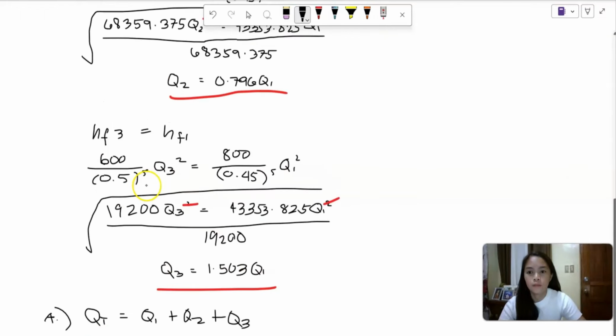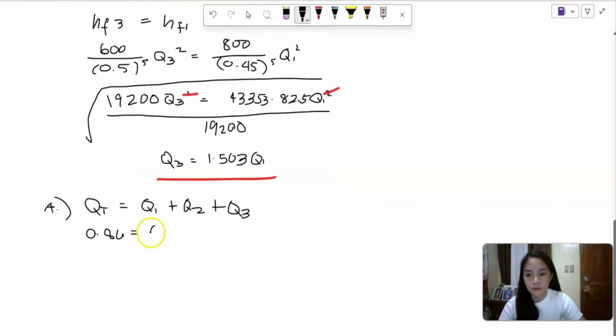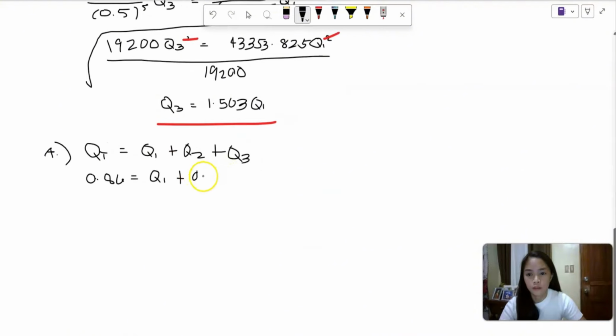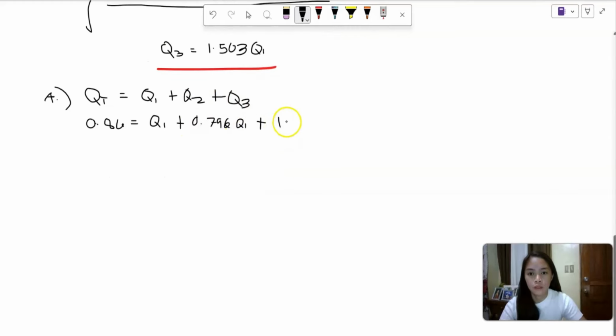So Q sub 1 plus the value of Q sub 2, which is 0.796 Q sub 1, plus the value of Q sub 3, which is 1.503 Q sub 1.